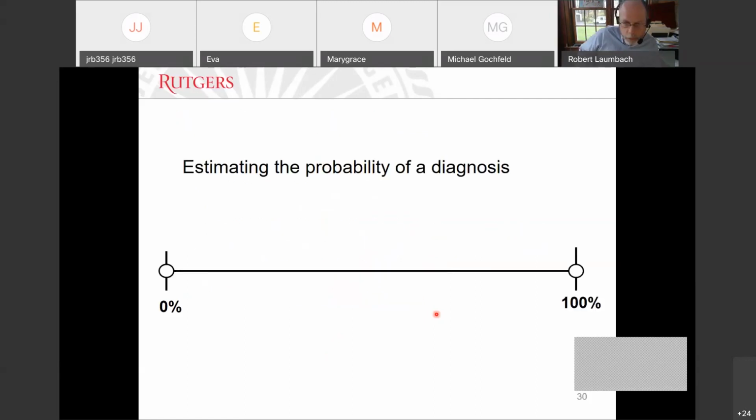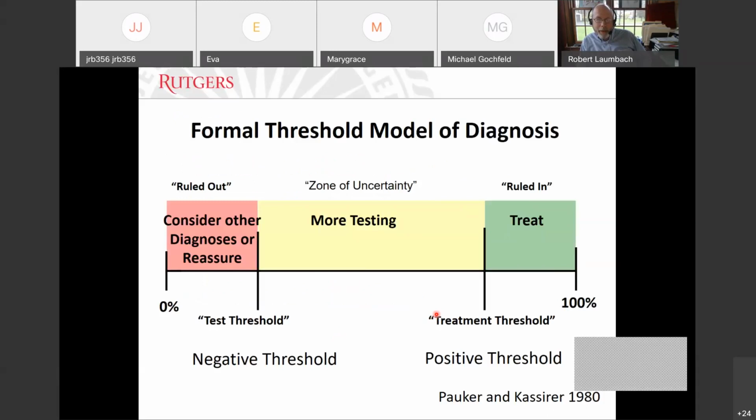So we're never really absolutely sure. The probability of a diagnosis is always somewhere between 0 and 100%. And this is a model that helps to formalize thinking about what we're doing when we go through a diagnostic process: there's a test threshold, below which we can say that we are going to reassure the patient or consider other diagnoses.